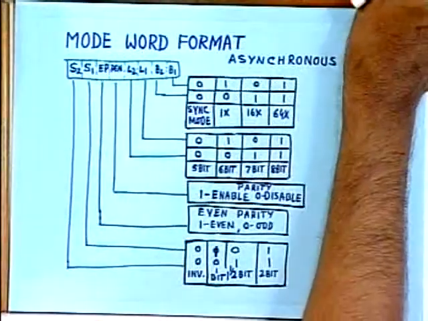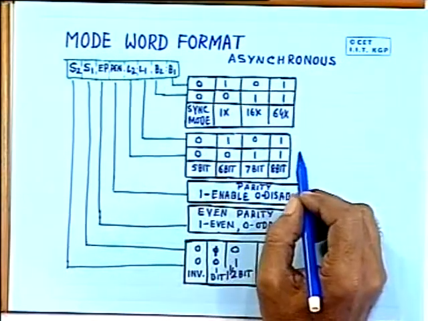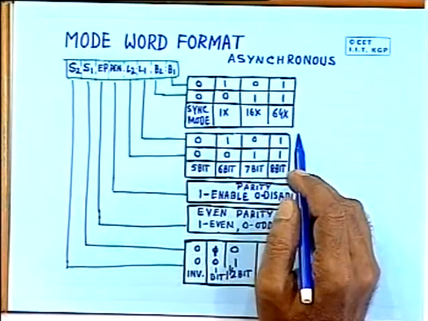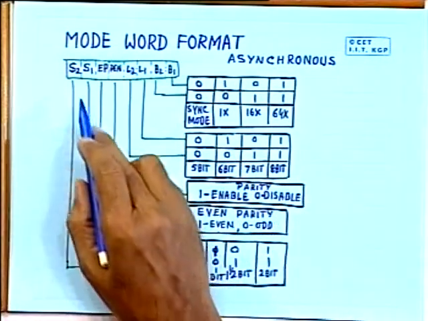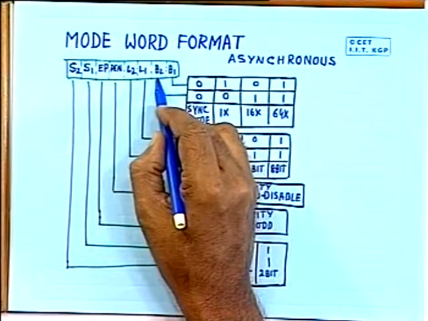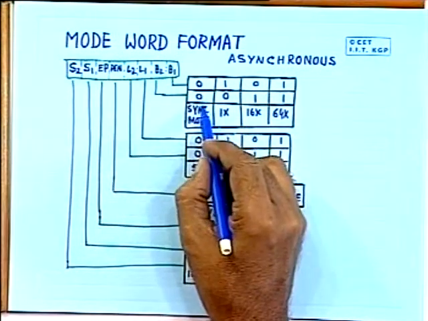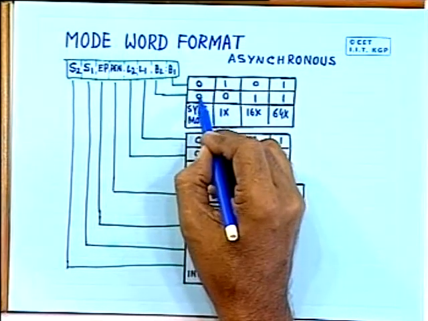Now let us look at the format of the mode word, which is very important to understand to program the functionality of the device. It has 8 bits. Bit 0 and bit 1 specify whether it is synchronous mode or not.